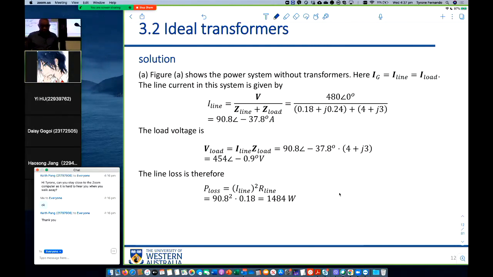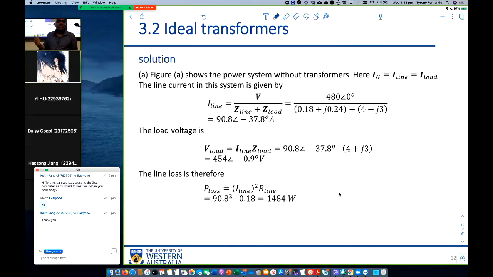If you were to calculate the power loss, it's the magnitude of the line current squared times R. The magnitude of the line current is 90.8. There are various ways to calculate the active power in an impedance.